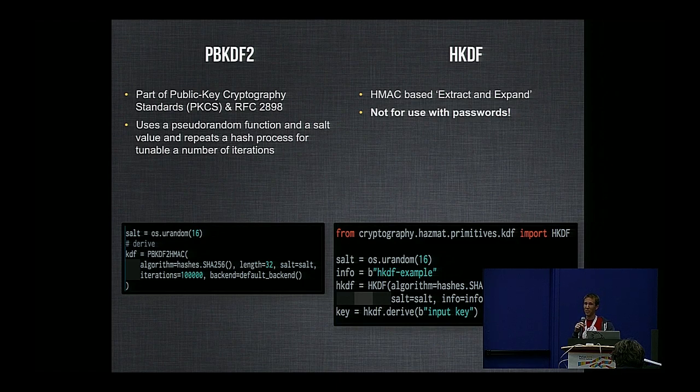And expand is basically creating additional keys from that single key material. So if you need to create round keys or other varieties of derivative keys, but you want those keys not to be reversible, then HKDF works very well for those purposes. If you ever see it used for passwords, it's just as bad as using just a single SHA. That's a very big problem because it can be very quickly reversed.